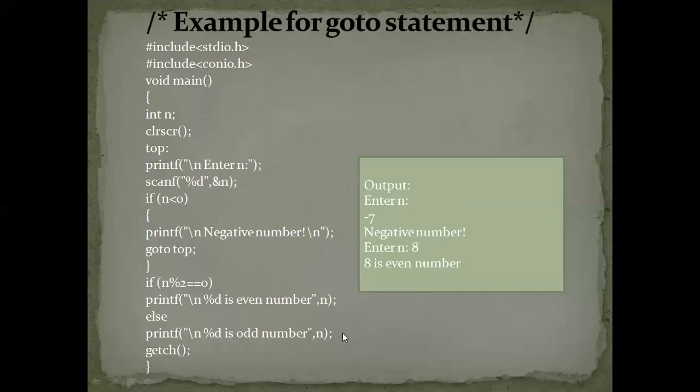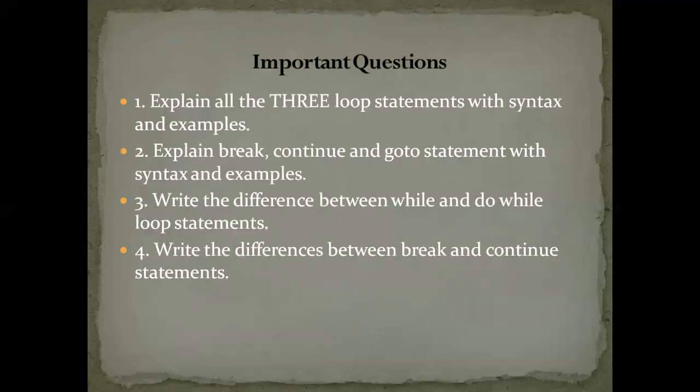Understood? Okay. So the important questions you can expect from this topic are: explain all the three loop statements with syntax and example. What are the three loop statements? While, do while, and for loop. Okay. And the next question you can expect: explain break, continue, and goto statements with syntax and example. Okay. And write the difference between while and do while. This theory question you can expect.